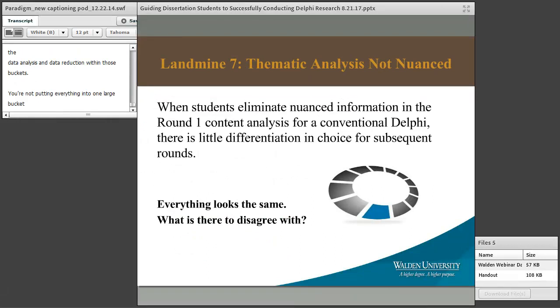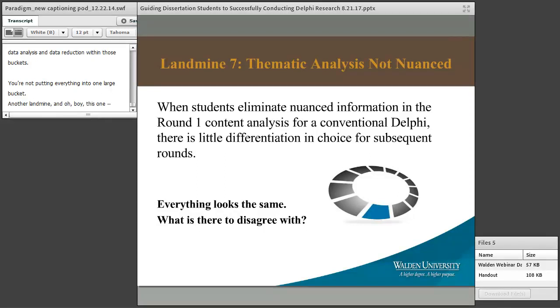Okay. Another landmine, and oh boy, this one, I had to become the alchemist because, as I said, you learn from experience. In this one, my student took all the thematic responses from round 1 and decided that this one looks like this one, and this one looks like that, and eliminated all the nuances, and wound up with statements that anybody would have agreed to.